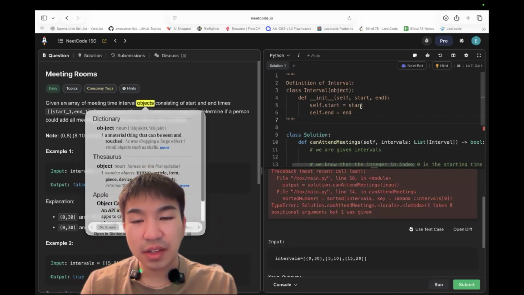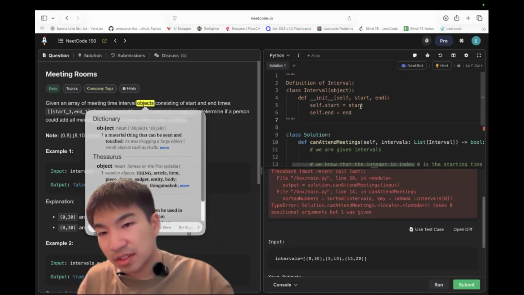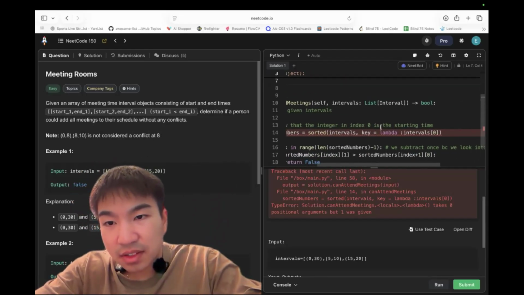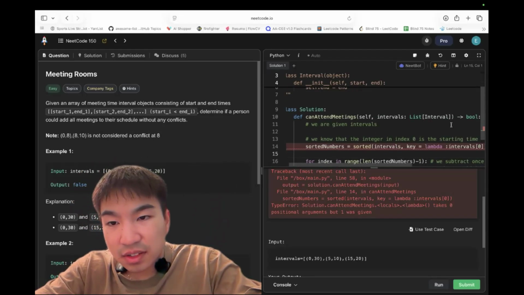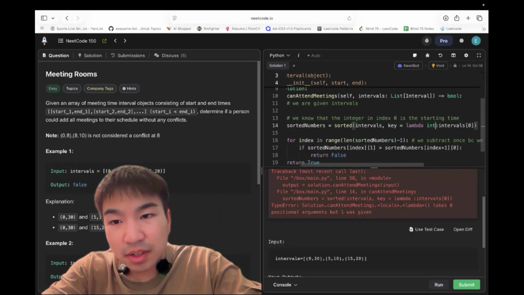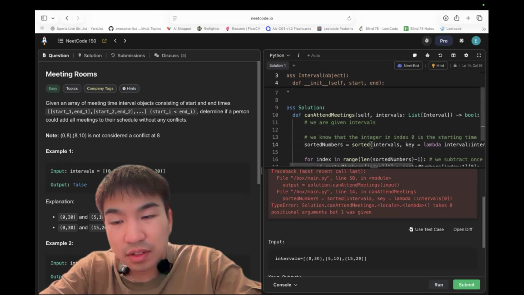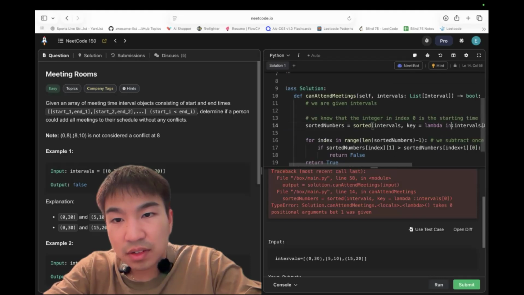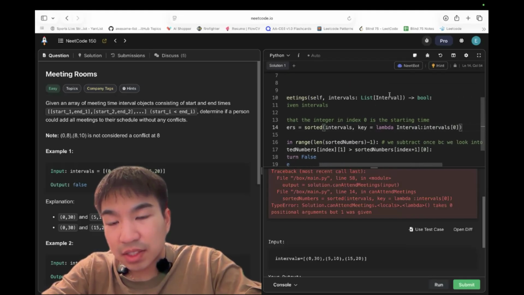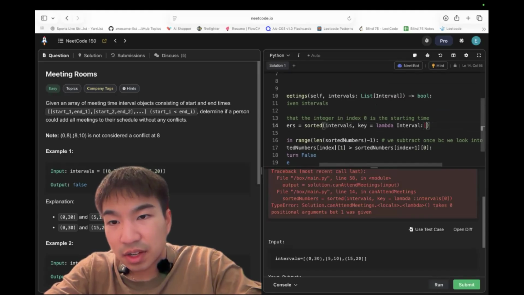So for each, okay, we have start and end. The interval is capitalized because this is a list of intervals. I get it now.